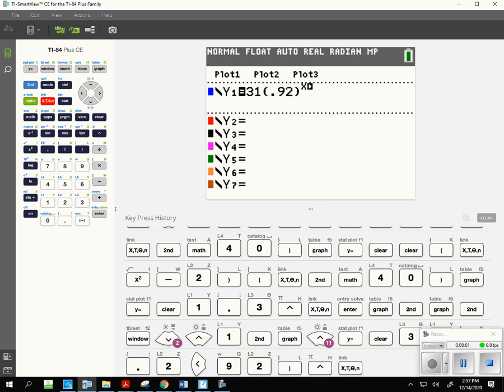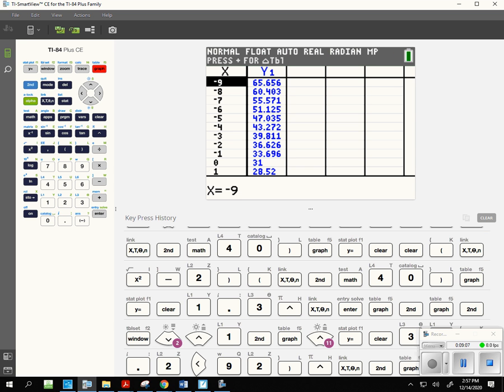Later in the chapter, we're going to be way more precise on this, but right now we are just going to hit second, graph, and we are looking for when it is going to be close to 9.6. So where is it at 9.6, or at least close?